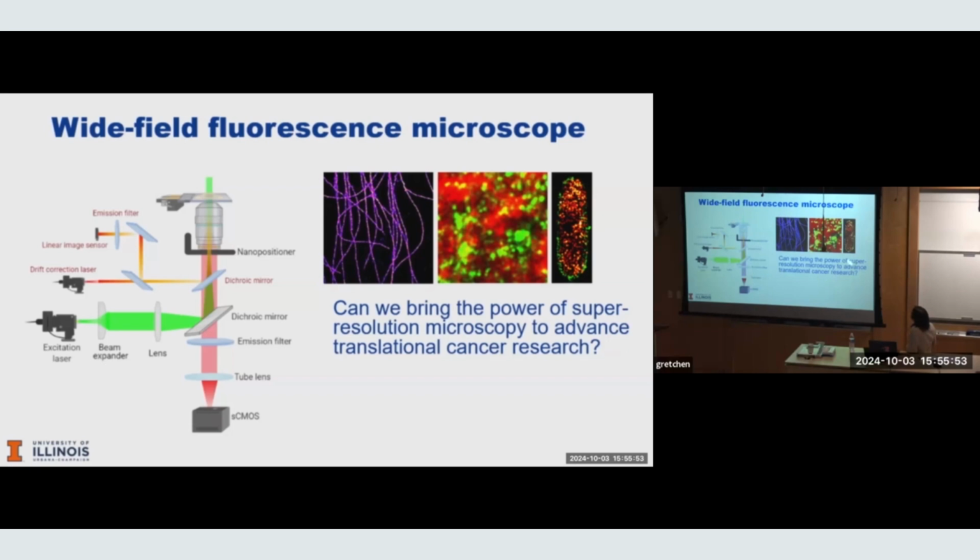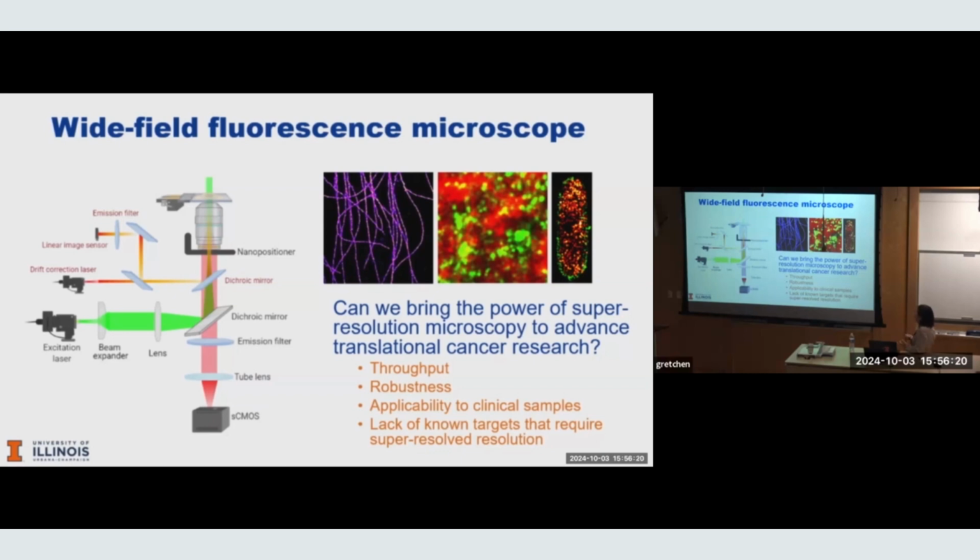So we thought about how we could really bring the power of super resolution to advance our understanding of cancer in a more clinically relevant setting. It took us many years to address many technical issues, including throughput and robustness, which means that many times, with a different type of sample, you may get different resolution because of various technical issues.